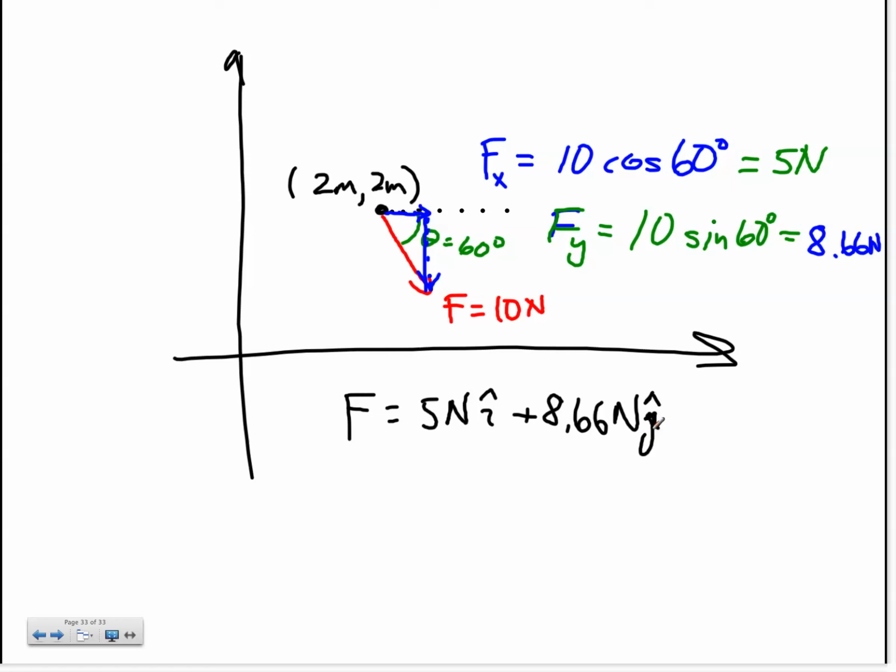Cool beans? And now our lever arm, which is R, both of these are vectors, by the way. Our lever arm is 2 meters in the X direction plus 2 meters in the Y direction. Can you see that?